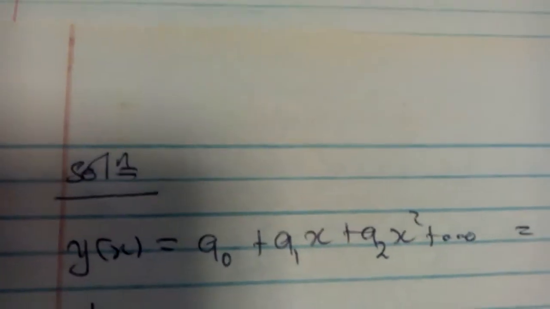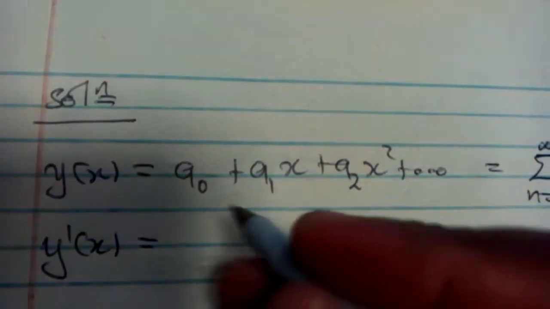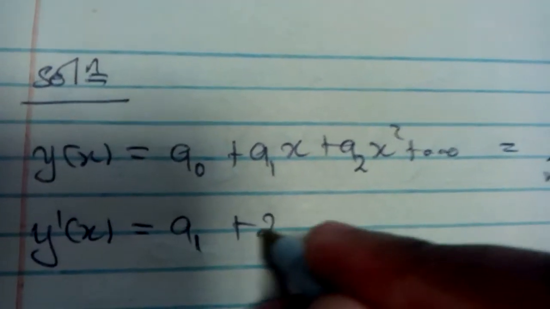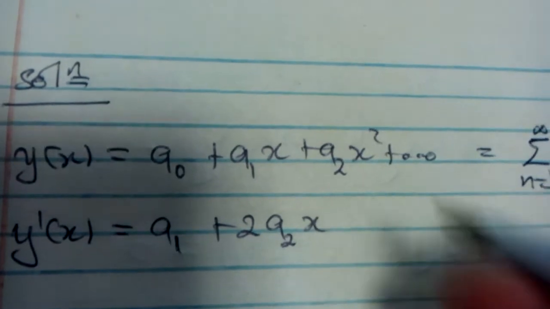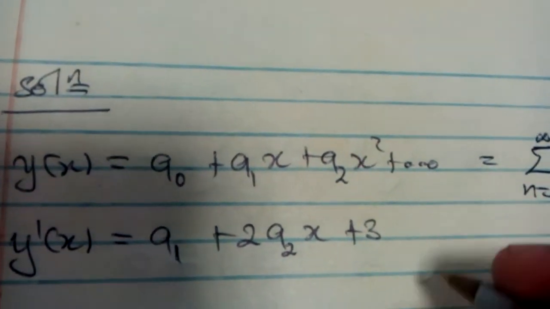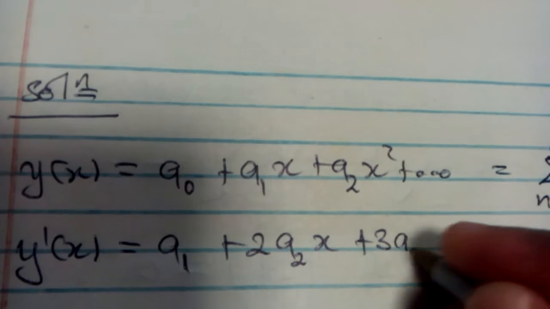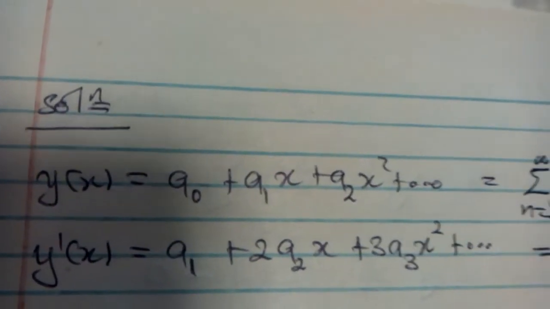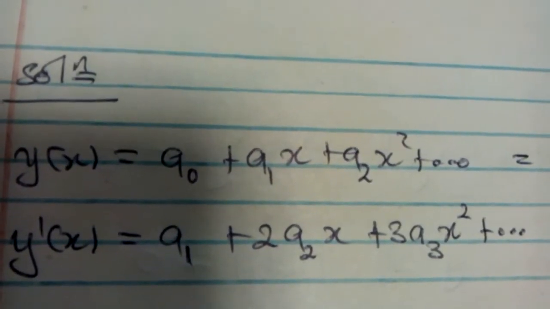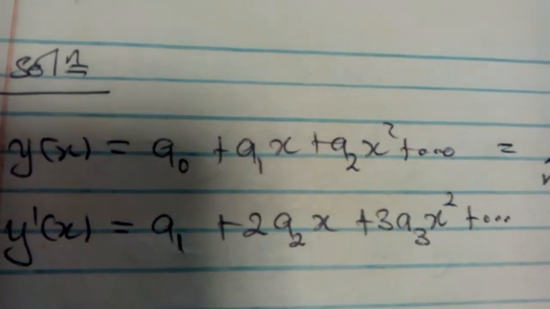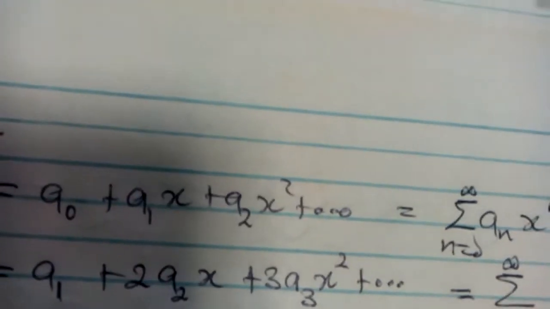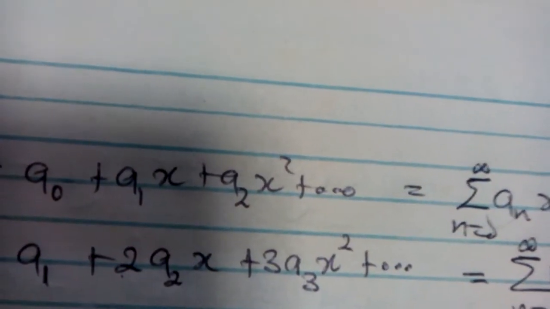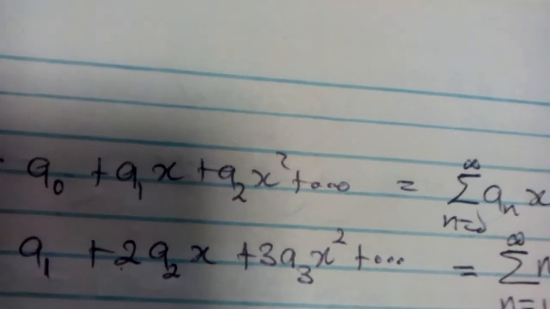So I'm just differentiating y with respect to x. This is going to be given by what? By a1 plus 2 a2 x plus 3 a3 x squared plus on and on, which I can rewrite in compact form if I want as the sum from n equal to 1 now up to infinity of n a n x to the n minus 1.